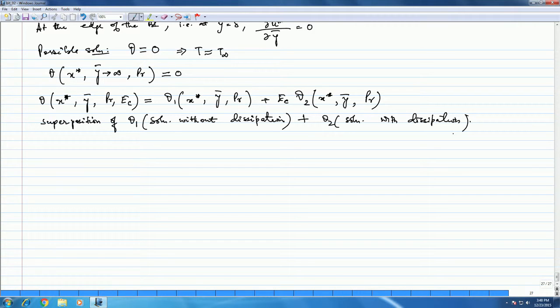Therefore, we can write equation 1, we can break it down, and what we can write is this.